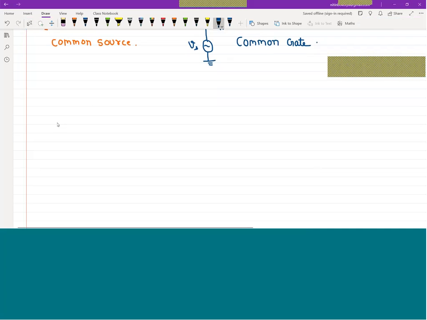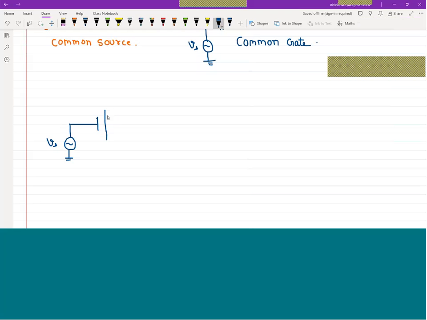So drain is grounded, and the supply is connected to the source terminal.